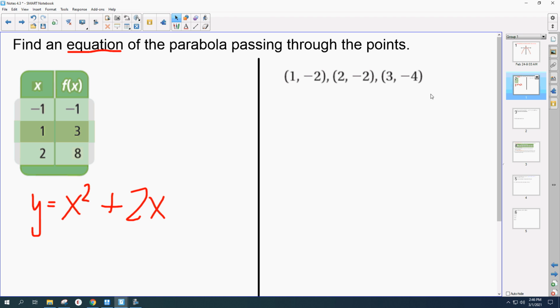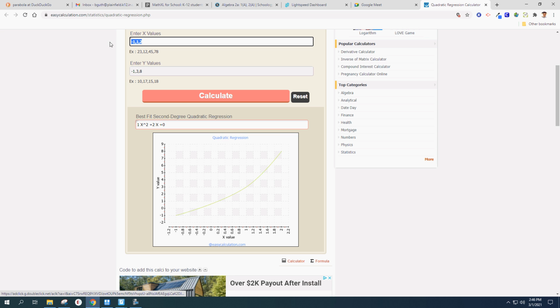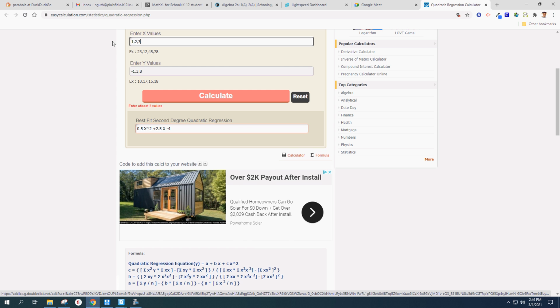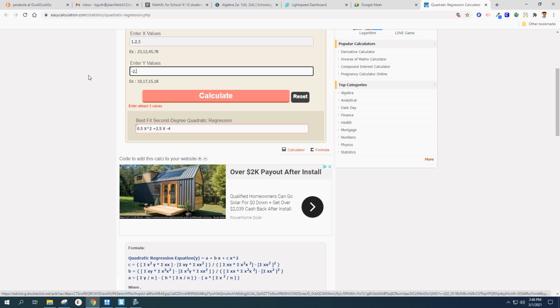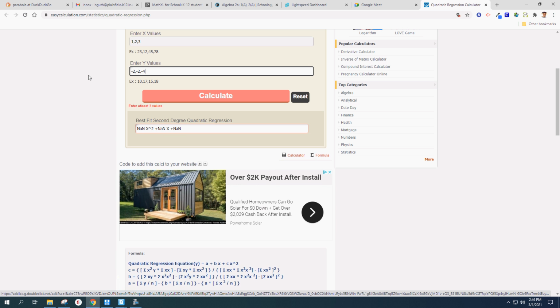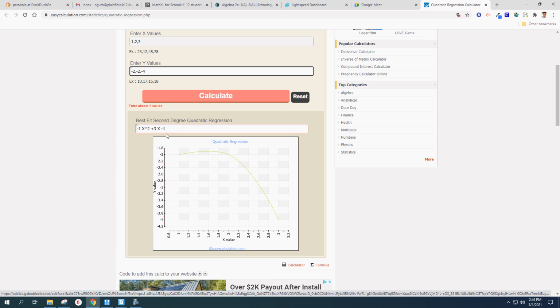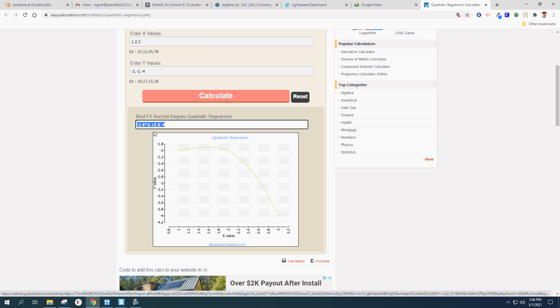So here's basically the same idea. It's just given you in a different form, but pay attention to which are the x numbers. So our x numbers are 1, 2, and 3. And our y numbers were -2, -2, and -4. So it pretty much does it automatically there.